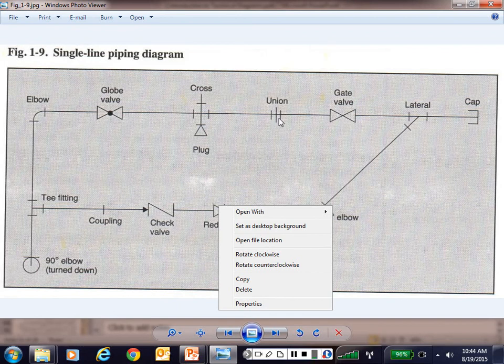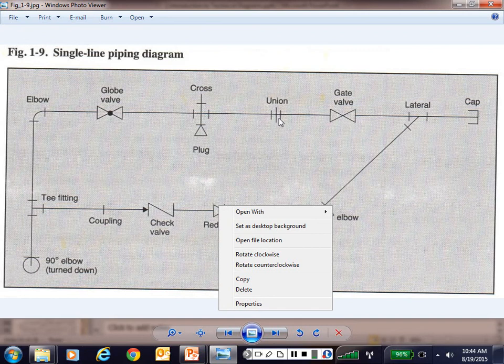So if you've got a water heater, odds are in the life that water heater is going to go bad. If you've got everything soldered into your pipe up there, the only way you're going to get that sucker out is to cut it. So what they'll do is put unions between the pipe that goes down to the water heater and the pipe that goes up to the valve.